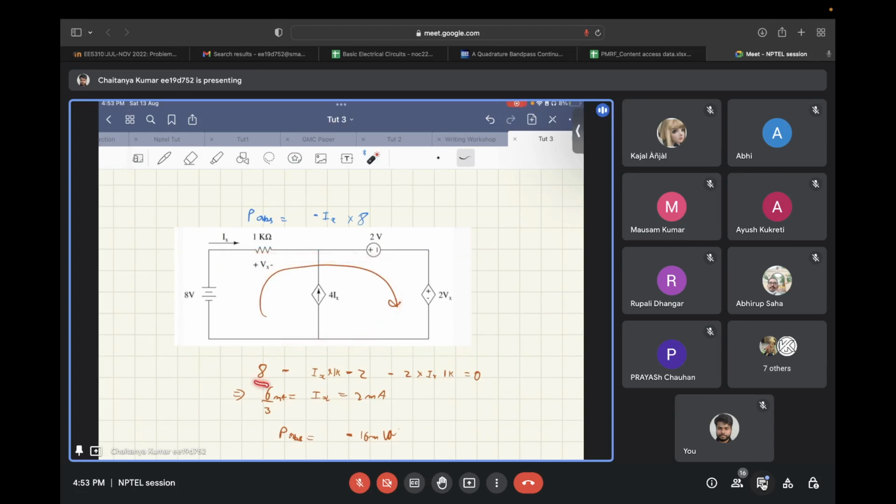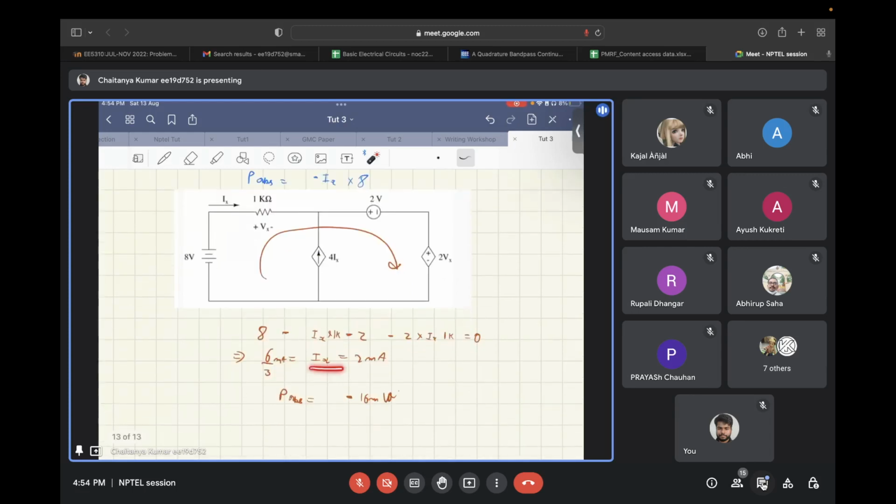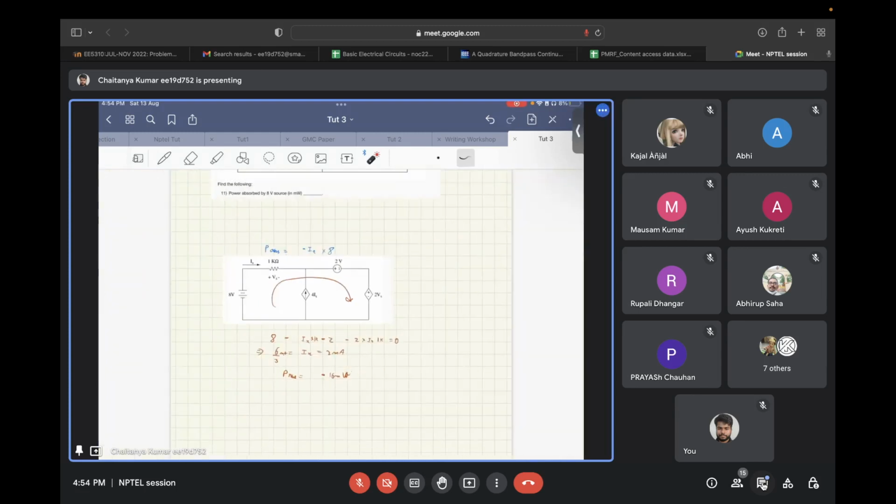That will be 8 volts minus the voltage developed across the 1 kilo ohm resistor, that is Ix into 1 kilo ohms, minus 2 volts minus the voltage developed across this, that is 2 times Vx. Since Vx is Ix times 1 kilo ohm, it's minus 2 times Ix times 1 kilo ohm. From there you calculate Ix as 2 milliamps. So power absorbed will be minus 16 milliwatts.